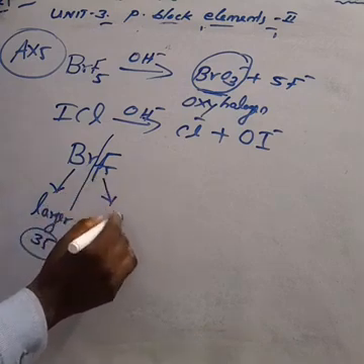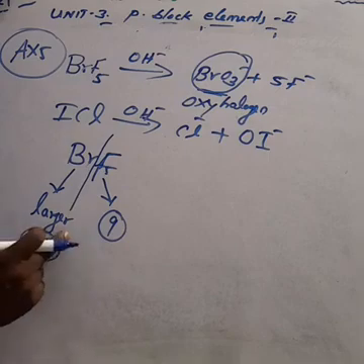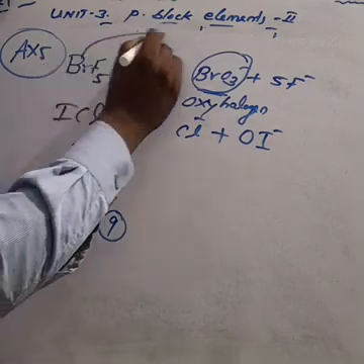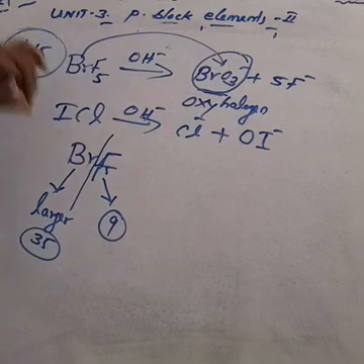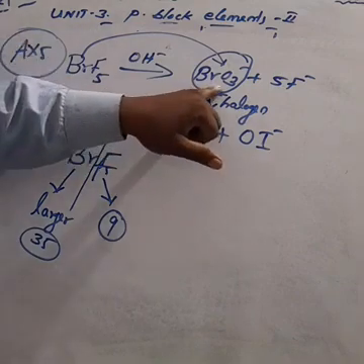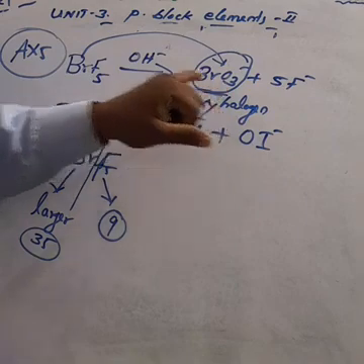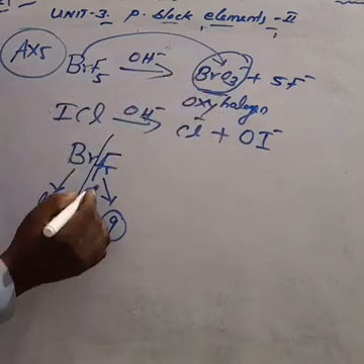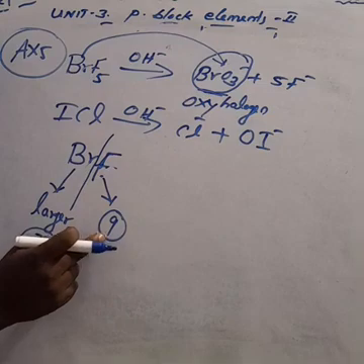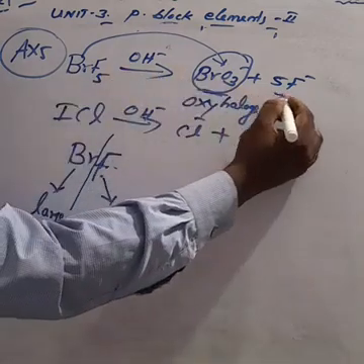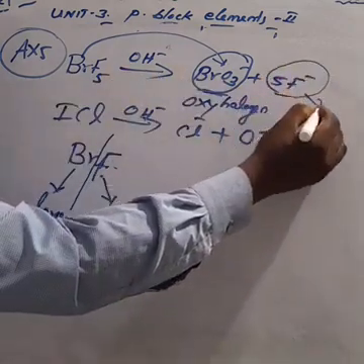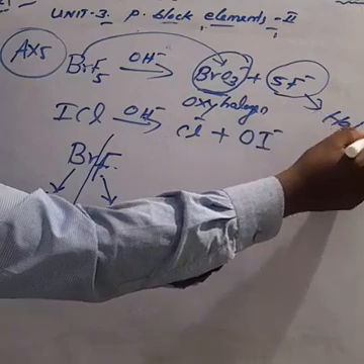Which one is larger? Bromine is larger, so bromine forms oxyhalogen, the bromate ion. The smaller halogen, fluorine, atomic number 9, forms fluoride ion, otherwise called halide ion. Am I right? That is the first equation.